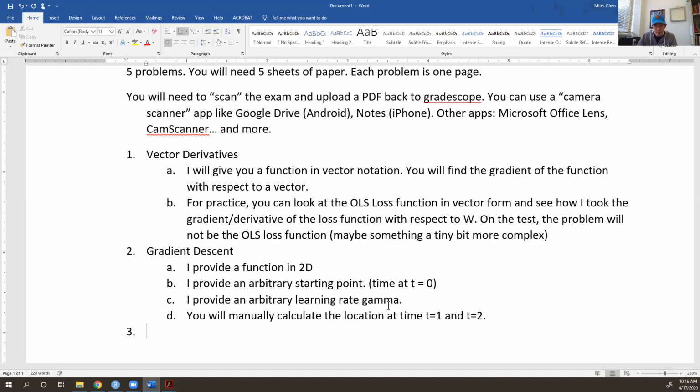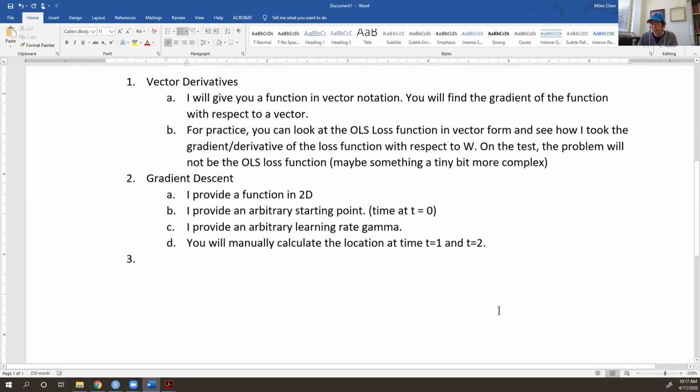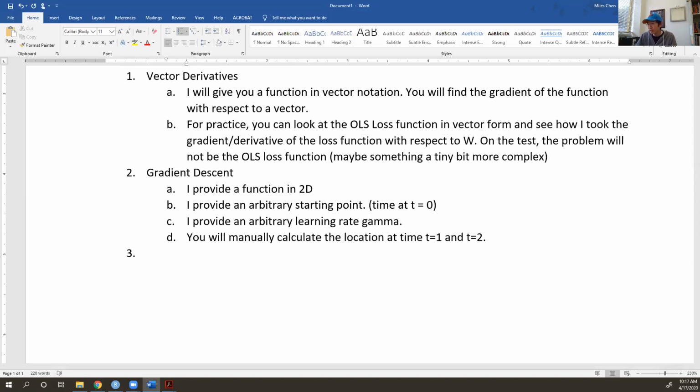So that's going to be a little bit of manual work there.